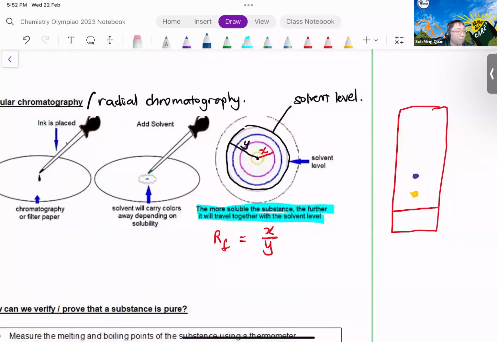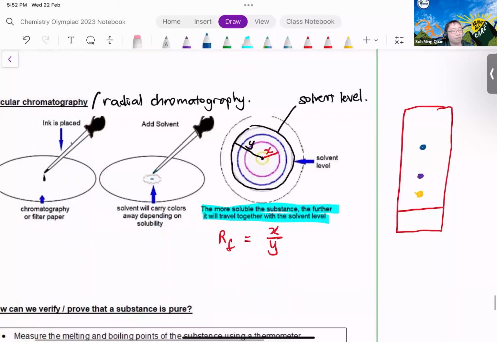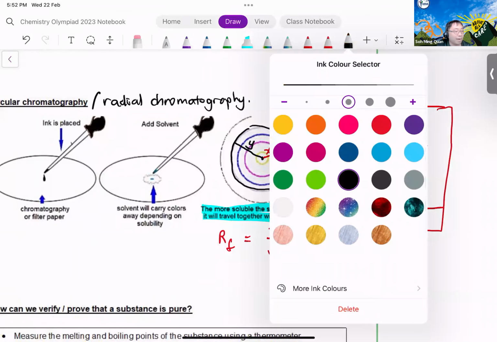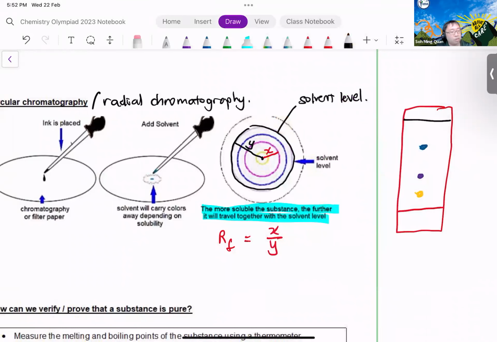Then after that, you have the blue color. The blue color is the most soluble. Finally, the black color represents your solvent front. Okay, so it's the same method, same technique, same principle, just that you've done it on different kinds of chromatography paper.